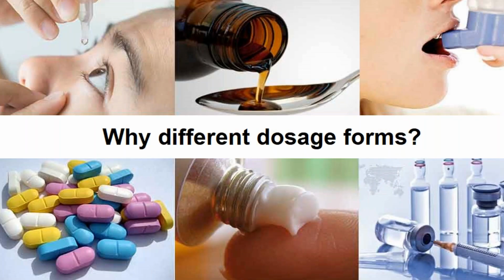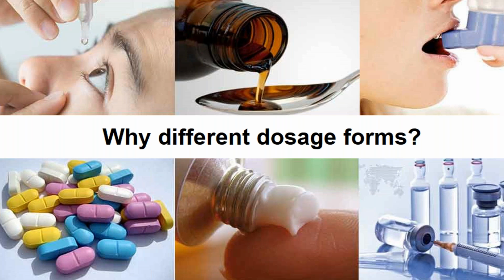Before I go ahead with the topic, let us look at what a dosage form is. Dosage forms are the means by which drug molecules are delivered to the site of action within the body. It is important to understand why we need different dosage forms, as a single formulation does not allow us to administer a drug via different routes.